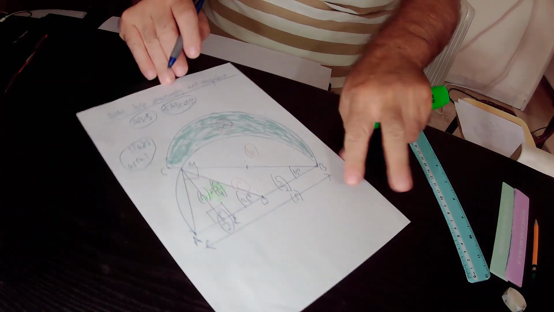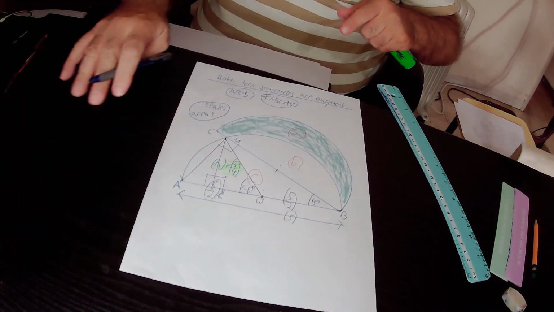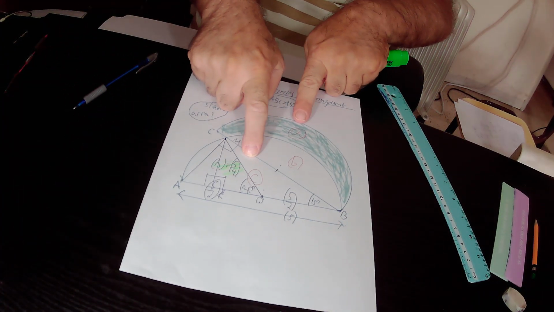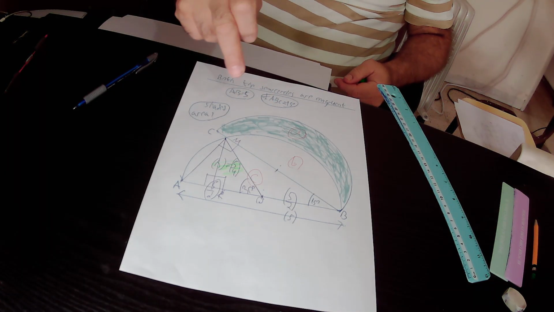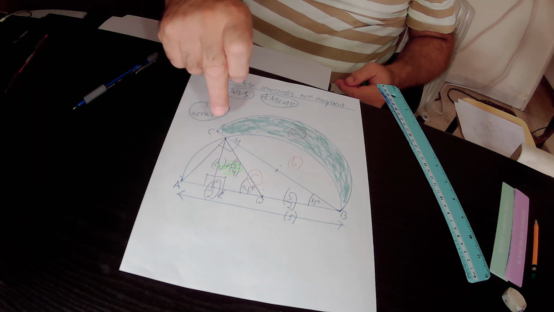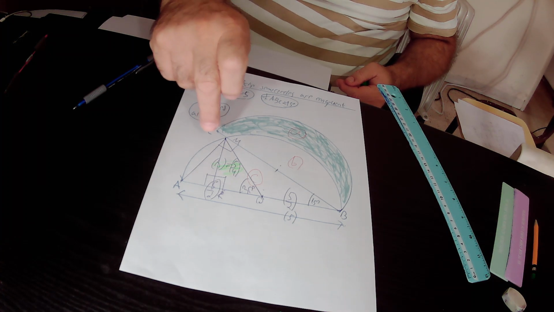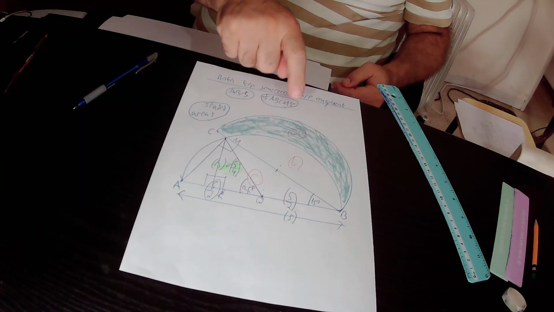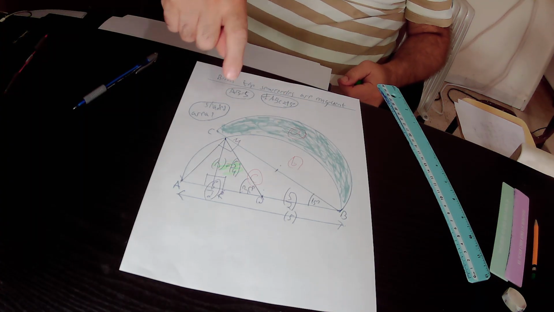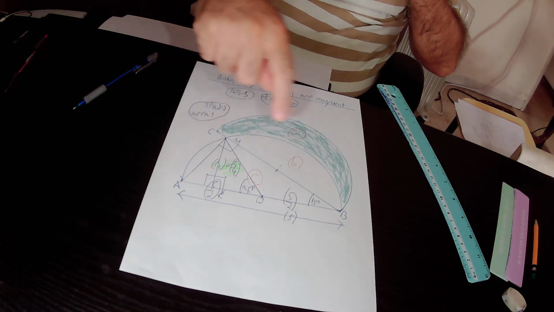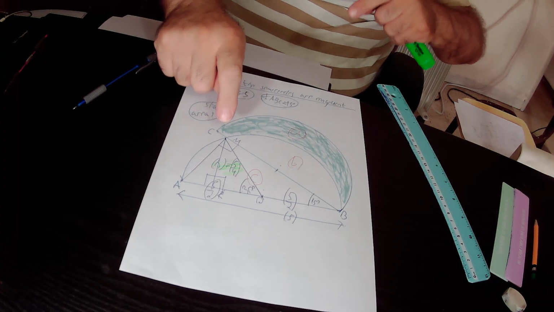Actually, as I mentioned before, A equals C. Therefore, we find out the size of this shape A and B. It will be equal to the size of this shaded area, because A equals C. So here, shape A and B consists of two smaller shapes.